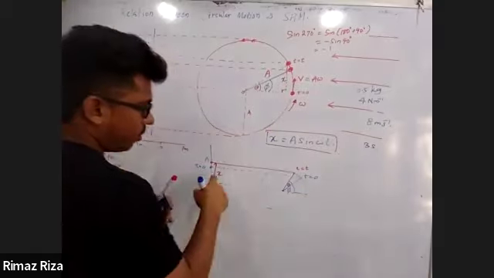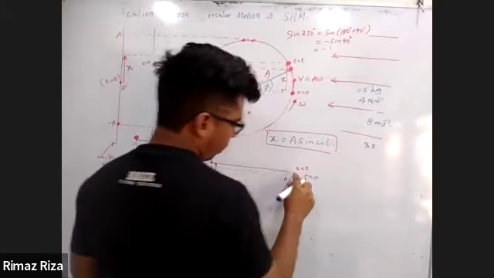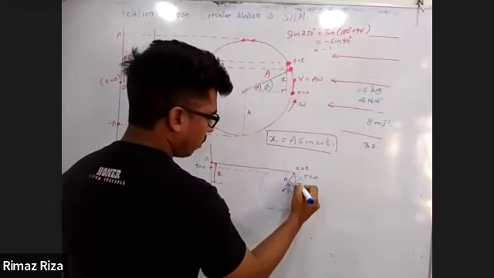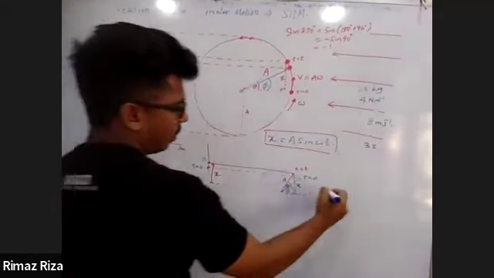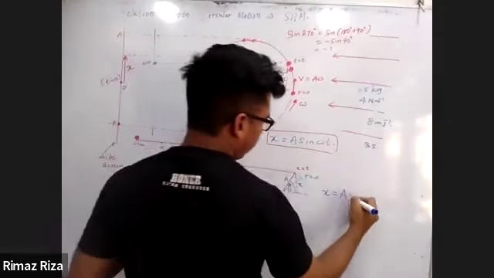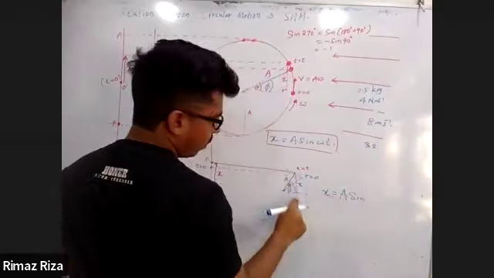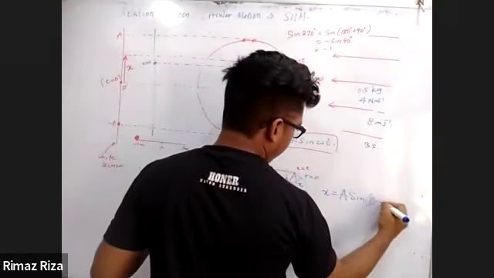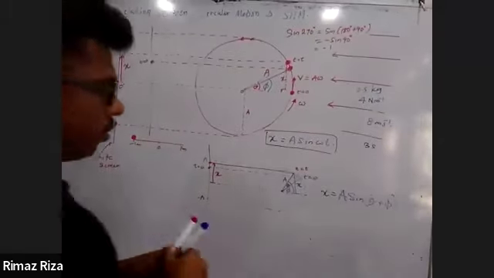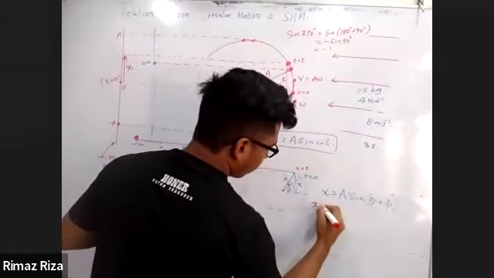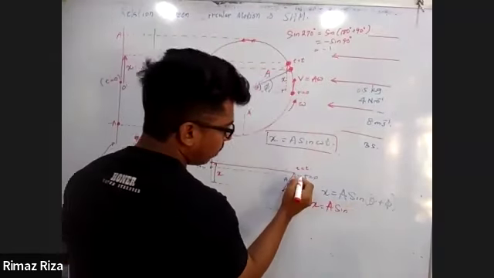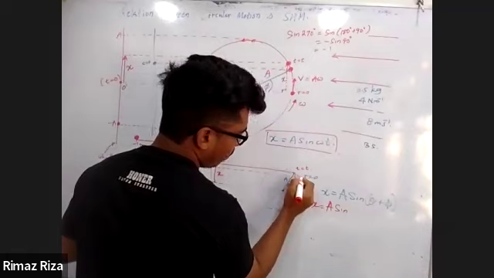So then we have x equals, now this is radius a. Again, we can consider this x. So x equals a sine, now the angle is theta plus phi. Theta is actually its angular displacement.